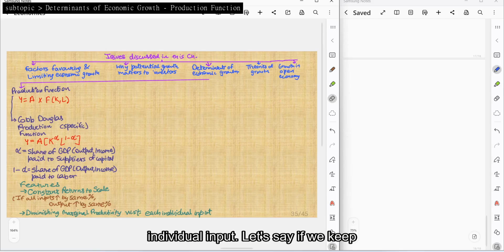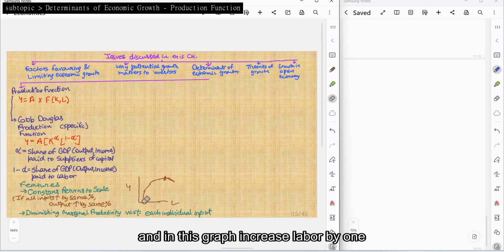Let's say if we keep the capital constant and in this graph increase labor by 1 unit, then output will increase. It will keep increasing at a slower rate until there comes a point where an additional unit of labor contributes to a fall in output. So this is known as diminishing marginal productivity with respect to each individual input.